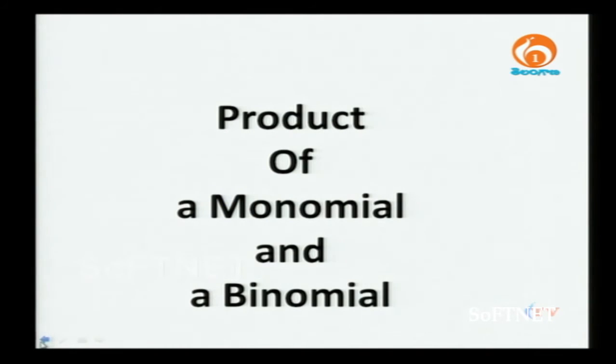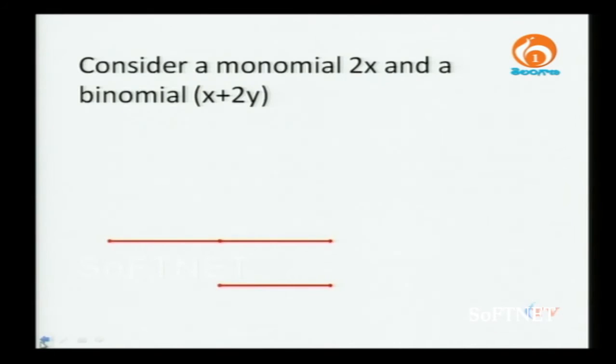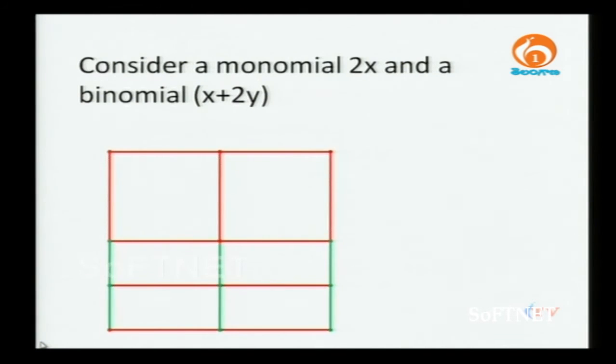Here for this again we consider a monomial and a binomial. Here consider a monomial 2x and a binomial x plus 2y. Here again each red line represents x and green line represents y.